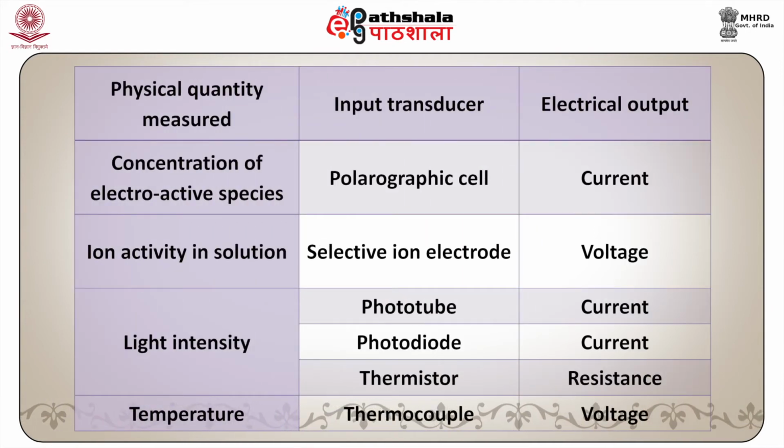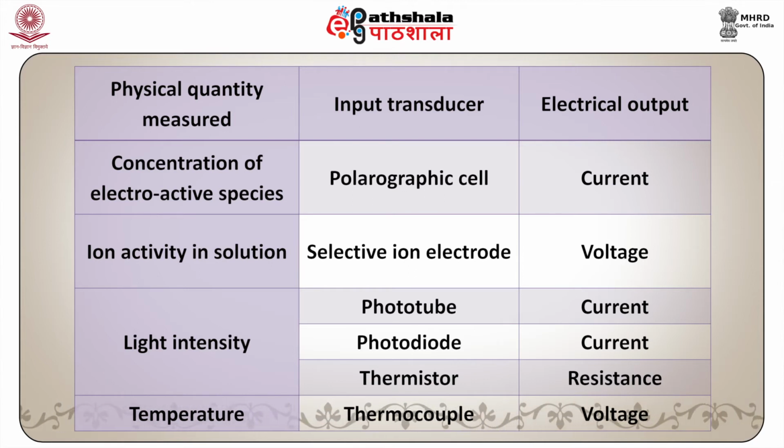We can see some input transducers. Physical quantity to be measured: concentration of electroactive species. Input transducer is a polarographic cell, and electrical output would be current. In case of ion activity in solution, input transducer will be a selective ion electrode, and electrical output would be voltage.